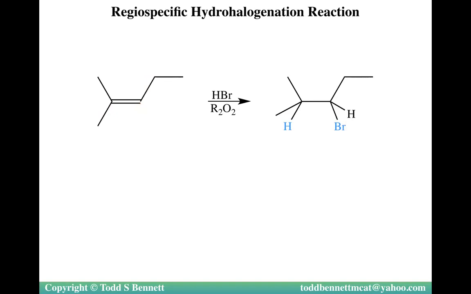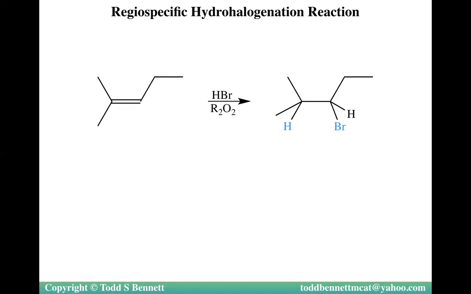This is going to be key because, again, as I look at this reaction, I note that unlike before where I said first one on goes here, second one goes on here, and we got an H going on here, H plus went on to the less crowded, and then Br attacked as a nucleophile over here. Notice it's opposite of that.